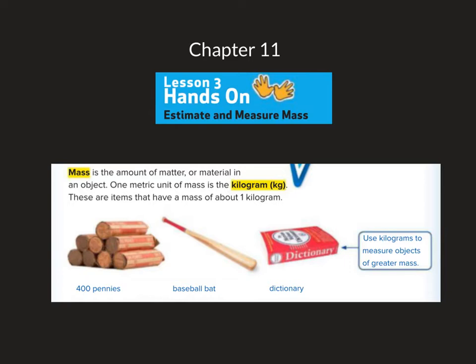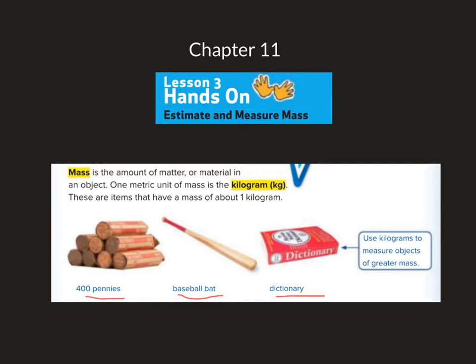So 1 kilogram is equal to about 400 pennies. Now that's not a whole lot, right? It could also be about 1 wooden baseball bat. Another thing that would be about a kilogram is a dictionary.